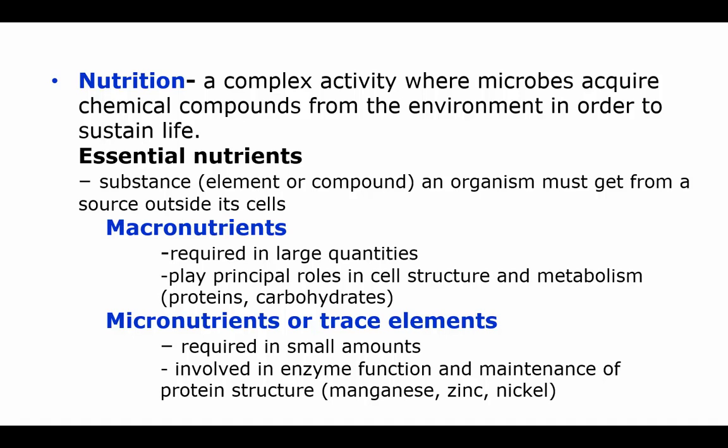The micronutrients are going to be those that are required just in smaller amounts. So these are still necessities for the cell, but they're not needed in such large amounts because of the roles that they play. So this is going to be a lot of the vitamins, the minerals, so we think like zinc, nickel, manganese, those that act in enzyme function, maintaining protein structure, but again, those that are not needed in such large amounts.